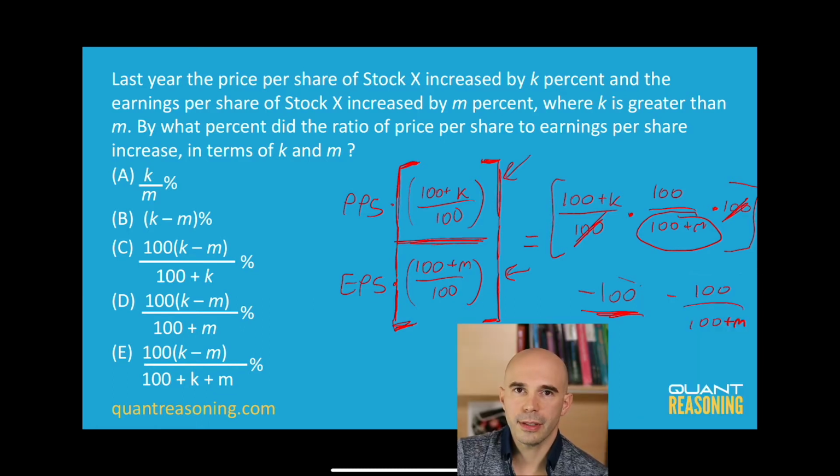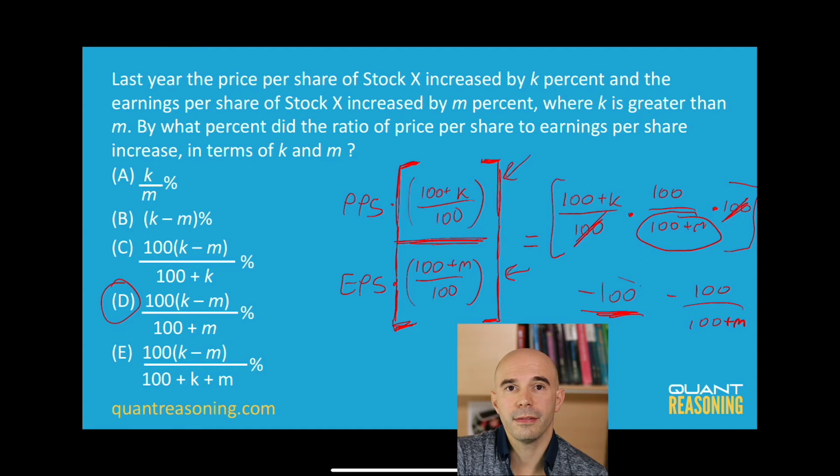So at the end of the day, you're not going to get rid of that 100 plus m in the denominator. And do you think it's a coincidence that only one of the answer choices has that denominator? Or do you think they designed that on purpose to help us not have to work so hard? I agree, JD. It's the only answer choice that has that denominator for a reason.